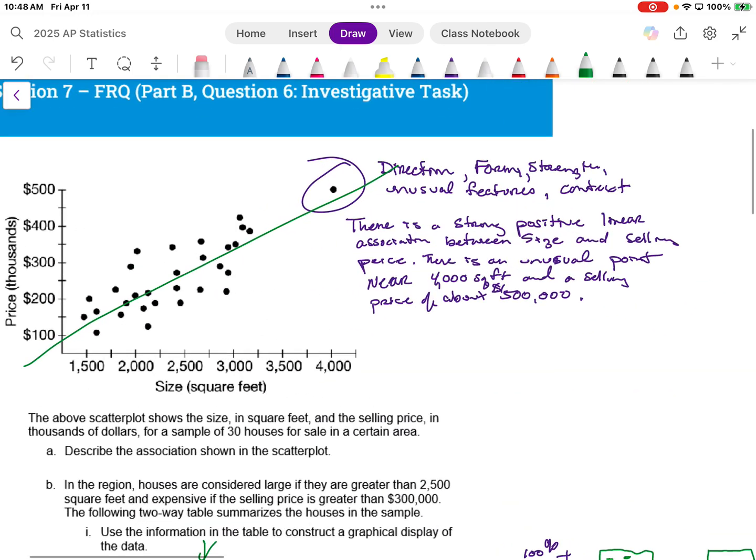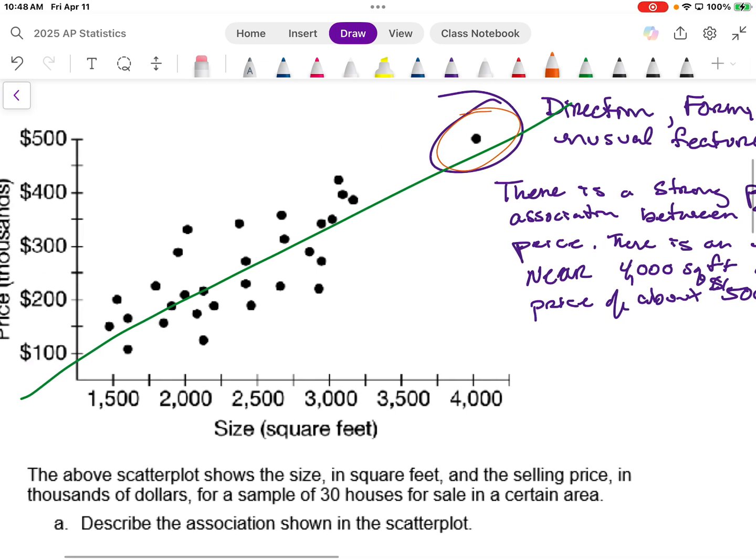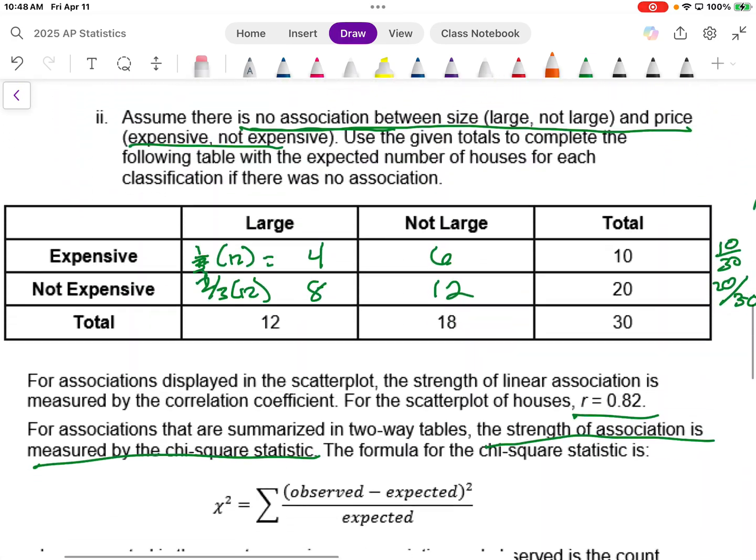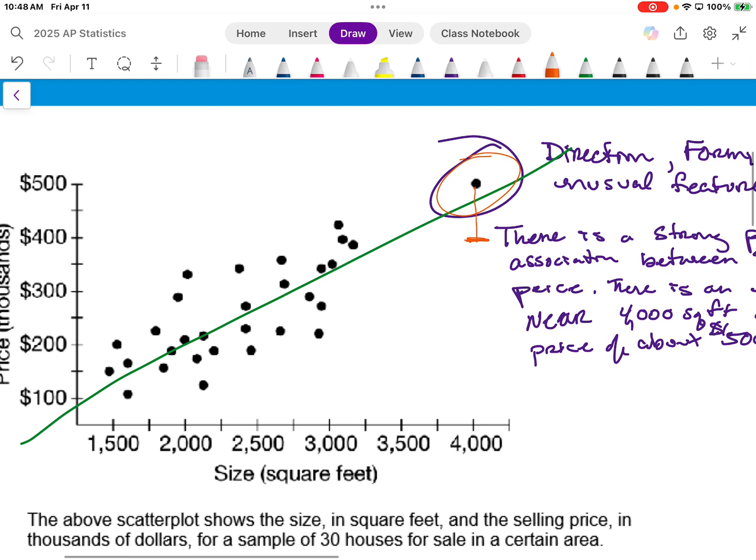As we go back up to our picture, we are taking this point, which was about 4,000 square feet and 500,000, and it drops all the way down to about 325.